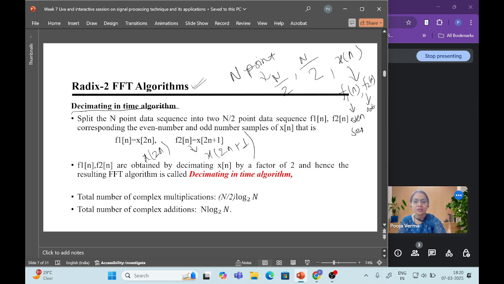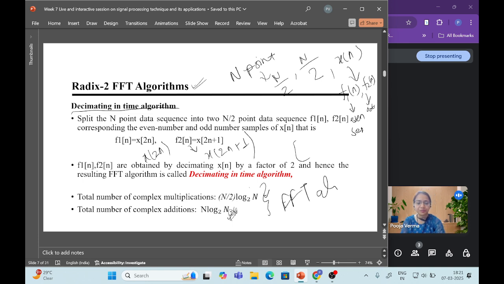The total complexity required for this decimation-in-time FFT algorithm is (N/2) log2 N complex multiplications, and N log2 N complex additions.